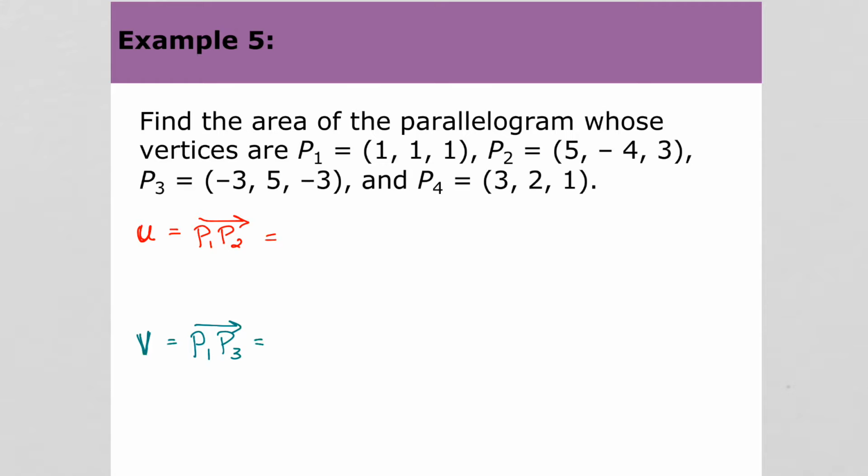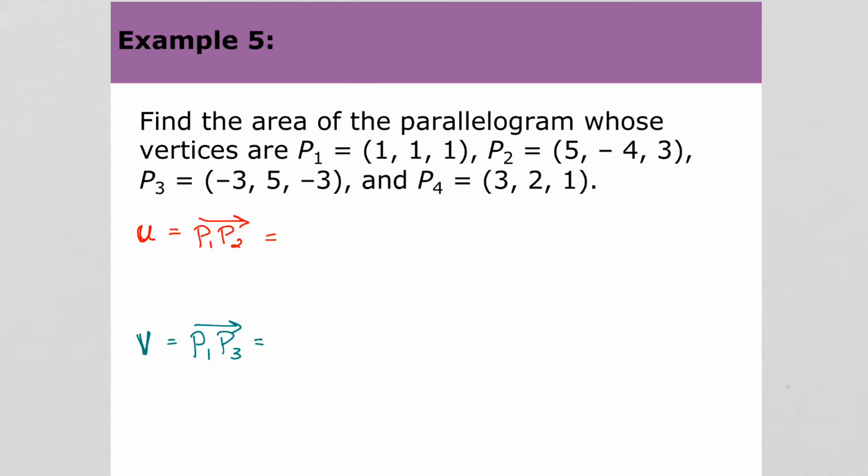Okay? As long as you start with the same point for both of them, you could have chosen P2 to P1 and P2 to P4. Well, P4 would be over far away. So, yeah. Anyway, this is what we need to do.